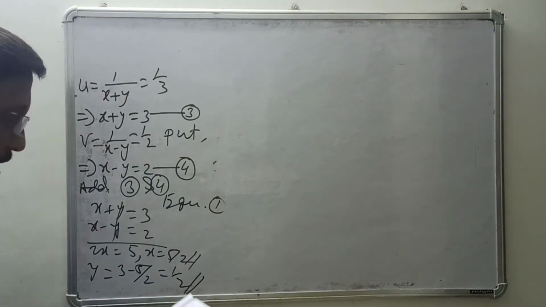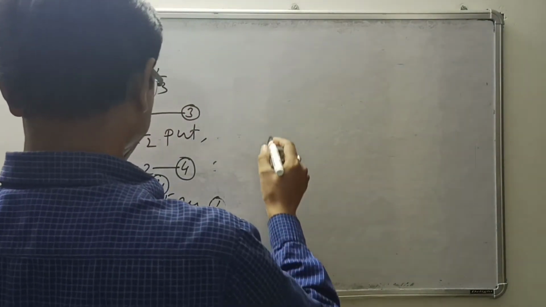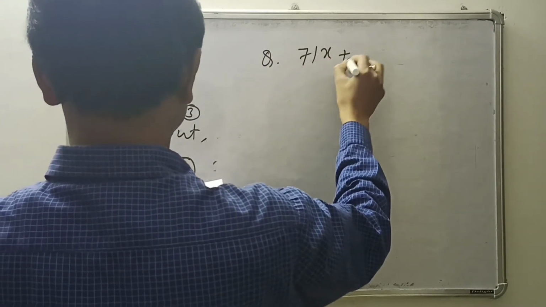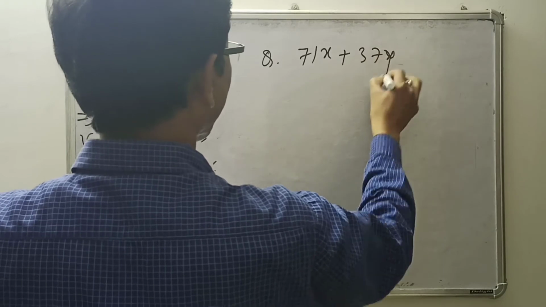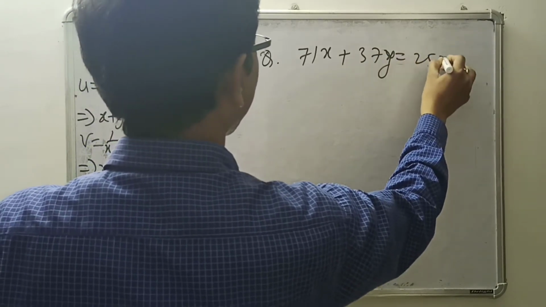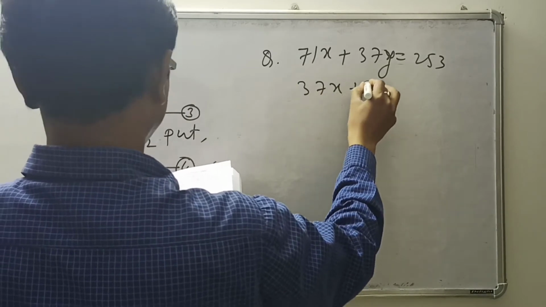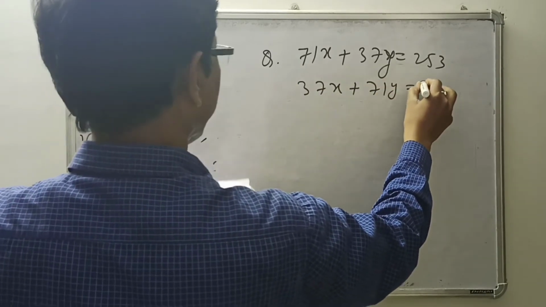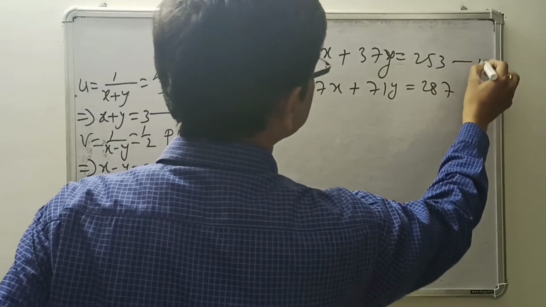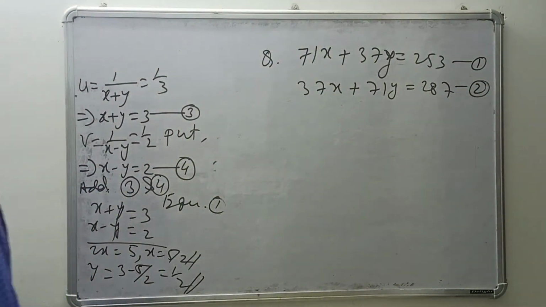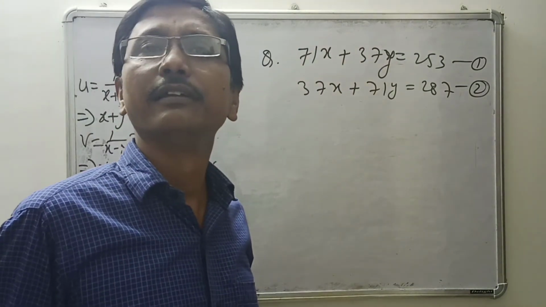Suppose you have 71x plus 37y equal to 253 and 37x plus 71y equal to 287. Suppose this is 1 and this is 2. It is the simple, standard form of equation.